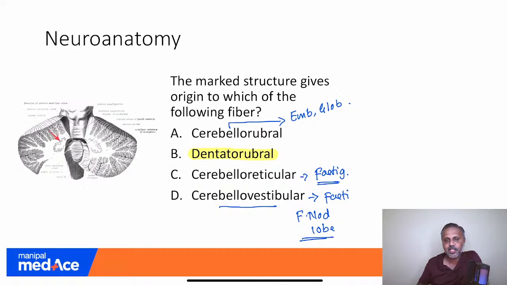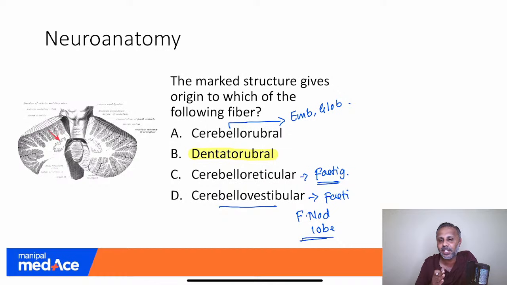Okay, so this is one question that was asked from neuroanatomy, and unless you know the concepts of cerebellar peduncles and connections of the red nucleus, you cannot solve this question. This is why you must have seen a lot of questions in your university exam when you were in first year on red nucleus and medial longitudinal fasciculus, because these are very often asked in your entrance exam.